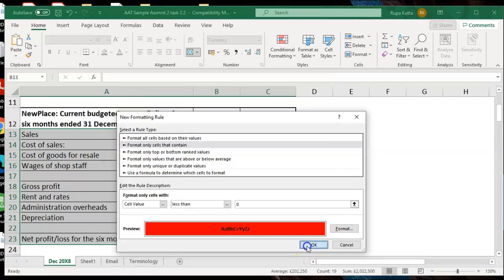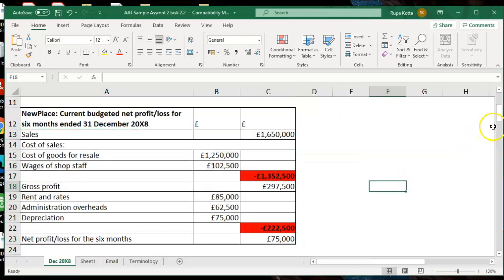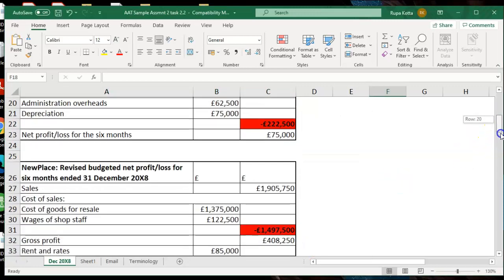OK and OK. So that's what you can see that already.